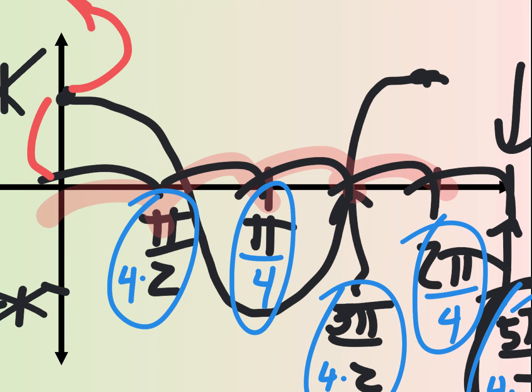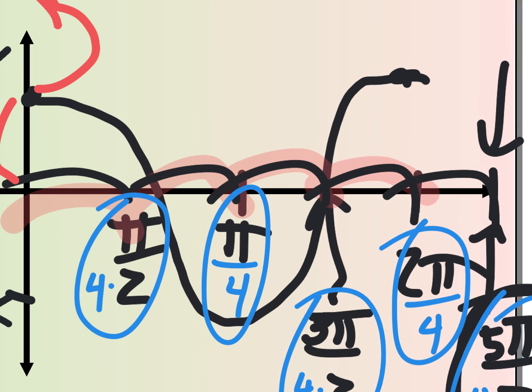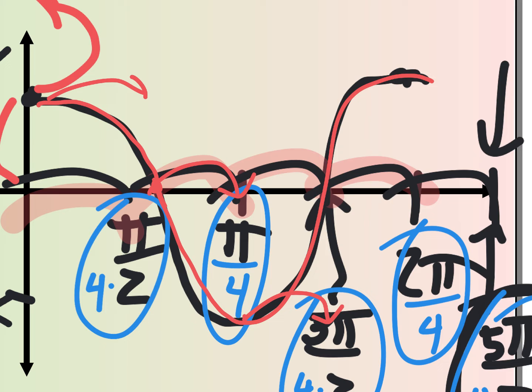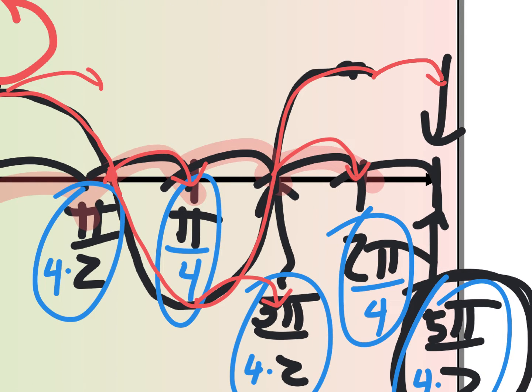So this graph, I really wish I had this ability in Notability to grab something and just drag it over. I can't. But I'm just going to take the key points of it and show how they go over one spot to the right, and then I'll draw it in blue.